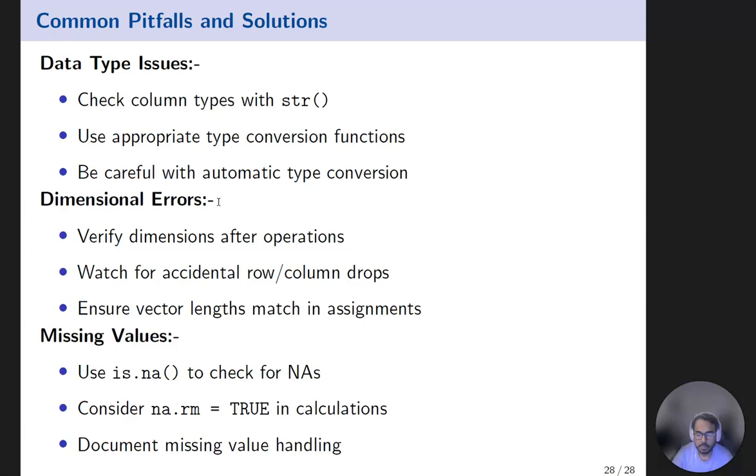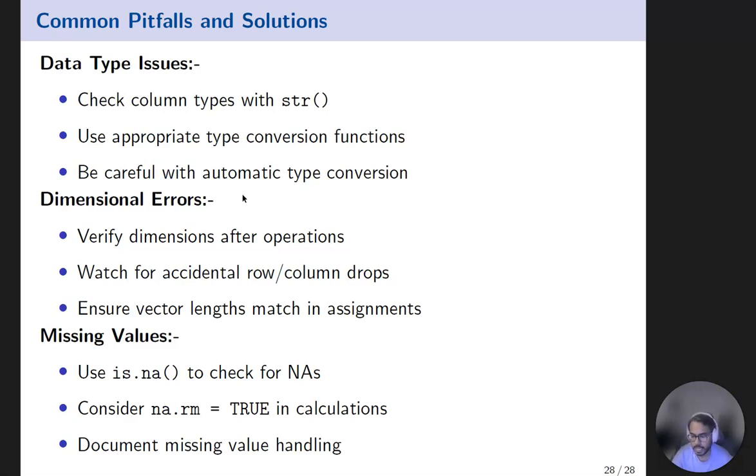These are some of the common pitfalls and some proposed solutions. Again, make sure that you are aware of what type of column you're dealing with and your choice of function is appropriate. In some cases, when you are doing type conversion, be very careful. Make sure that the final output is what you want. Dimensions matter a lot, so make sure that the number of columns and rows remain the same or change in the way you would want.